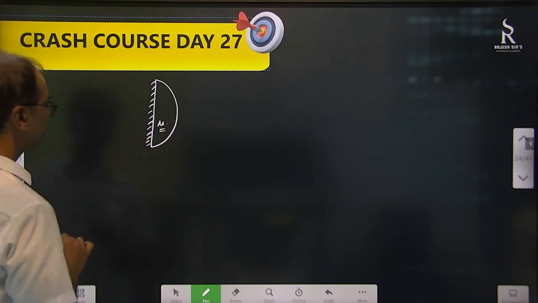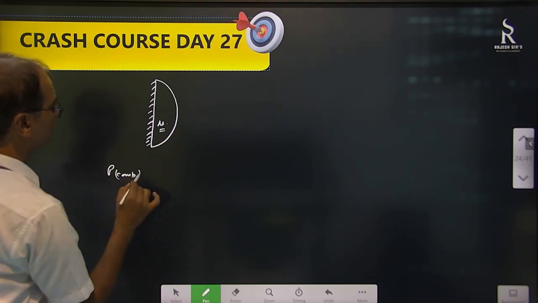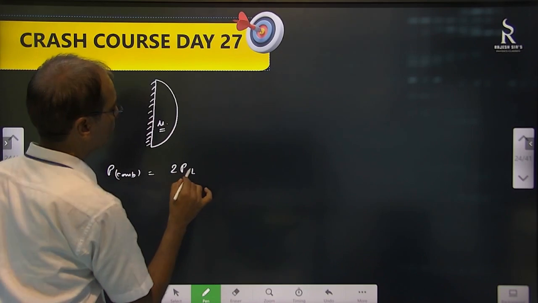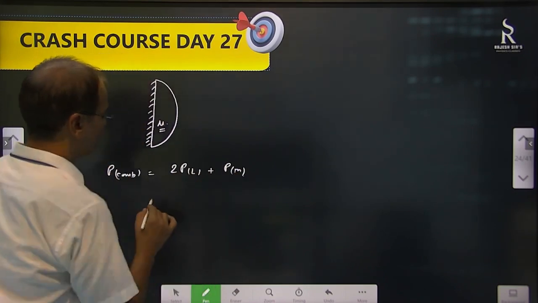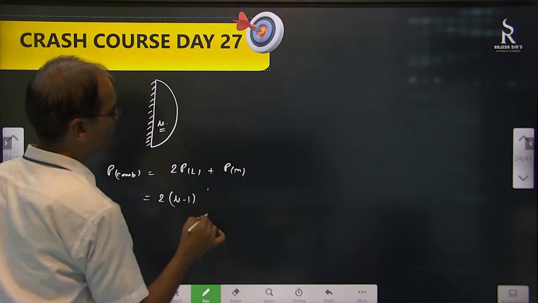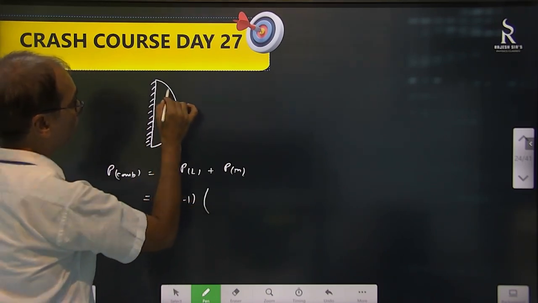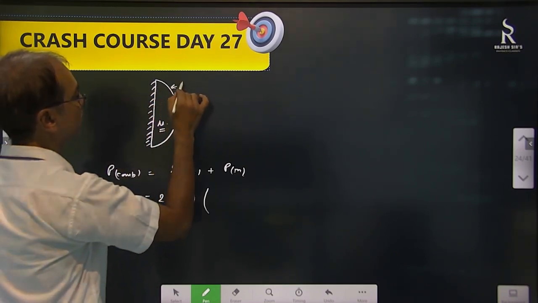Okay, so power of combination again is 2 times power of lens plus power of mirror. There is no change in that. So here 2 mu minus 1, 1 by r1. Now this is r1 and this is r2. This is the first surface.